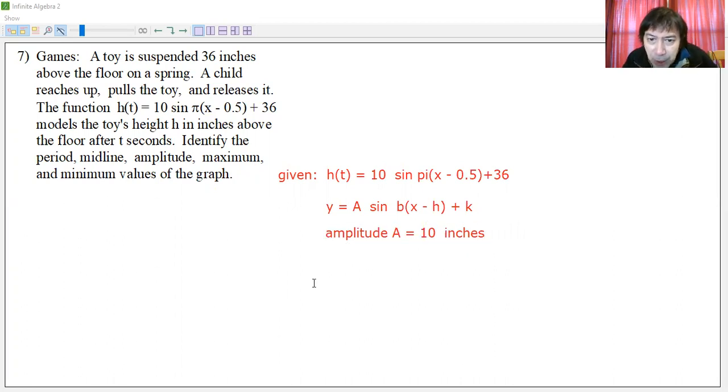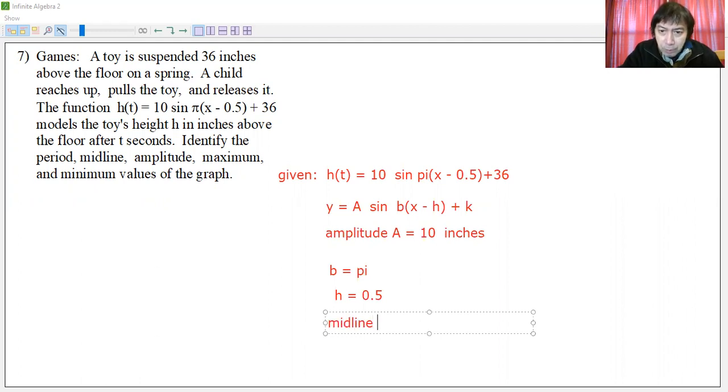Also, we can readily see our B corresponds to pi. Also, our H is 0.5. We are not going to use that, but we can identify the given. H is equal to 0.5. Now, the added K corresponds to the 36, and that corresponds to the midline. So the midline K is 36, also in inches.